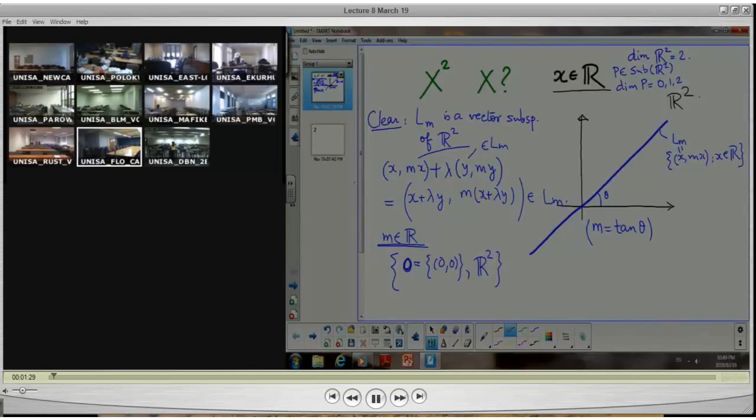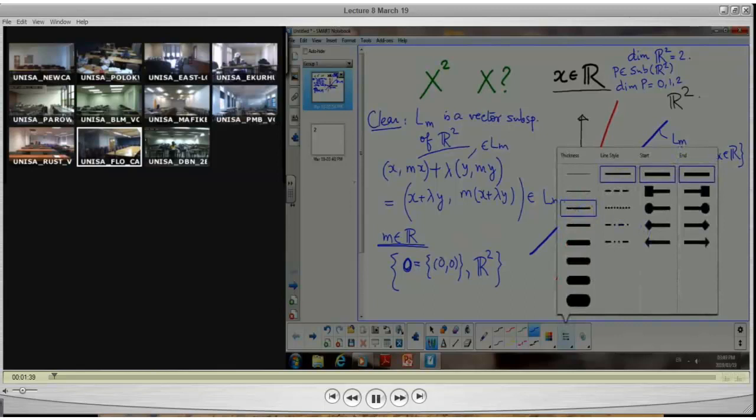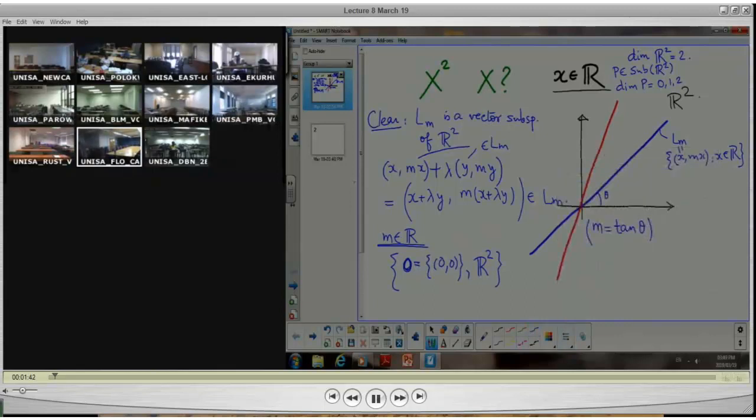So here is another one, for a different value of m. As you change your values of m, you get different subspaces. These are each subspaces of dimension 1. But the y-axis is not captured here, so that comes up in this one.